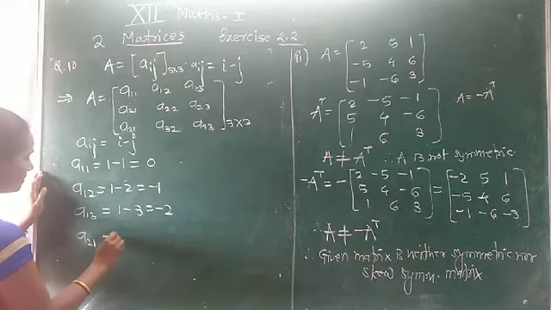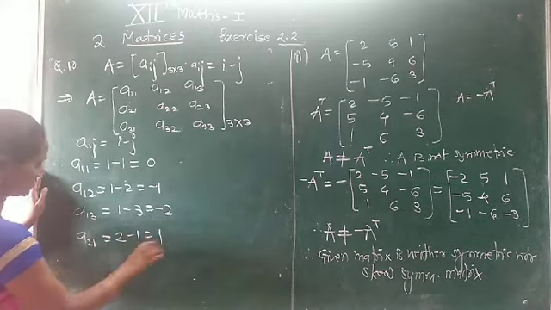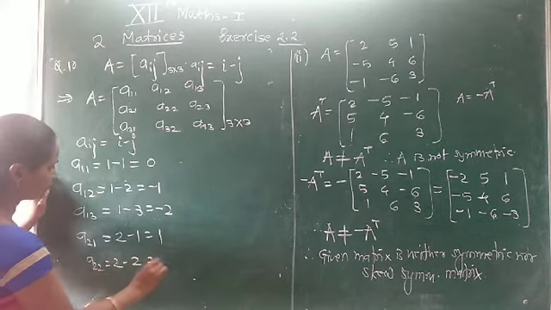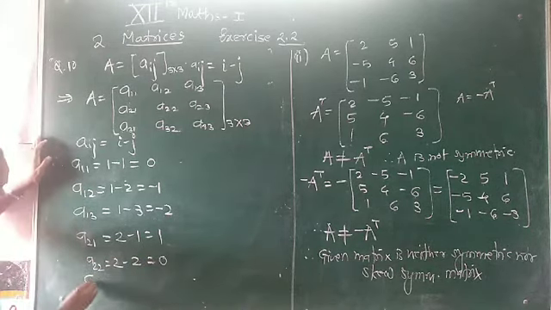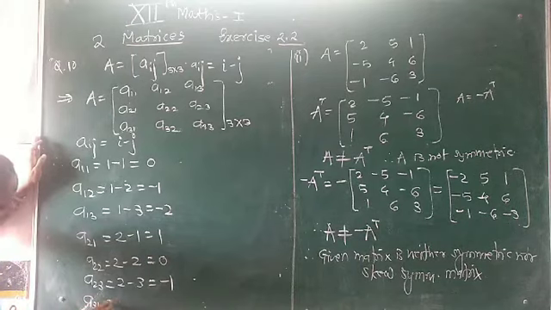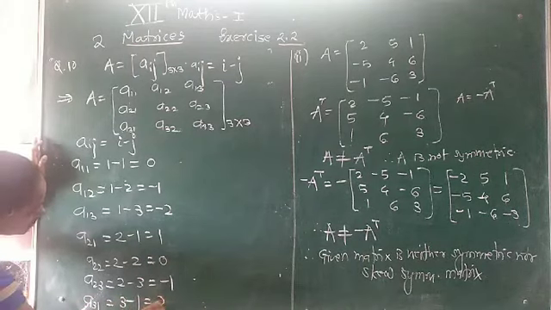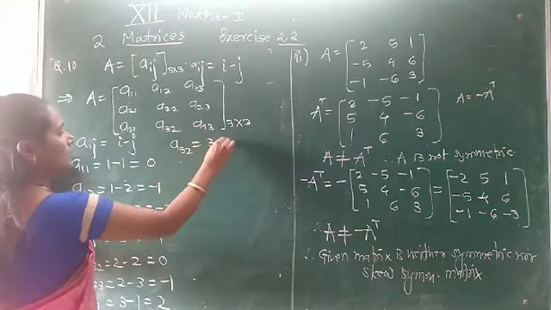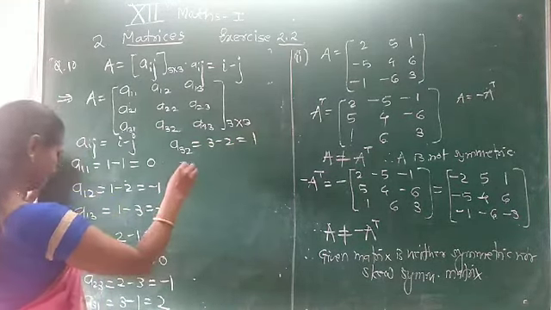Next A21, that is 2 minus 1 is 1. A22 is equal to 2 minus 2, 0. A23, that is 2 minus 3 is equal to minus 1. Next A31 is 3 minus 1, 2. A32, 3 minus 2, 1.